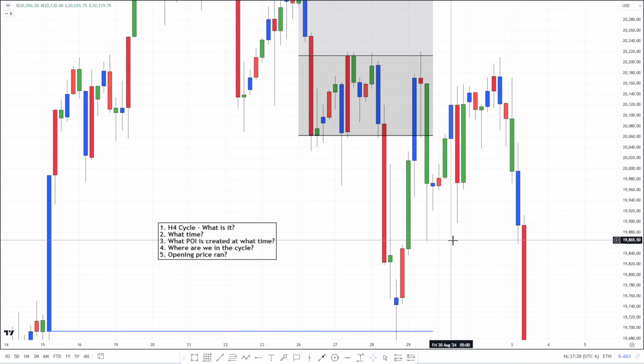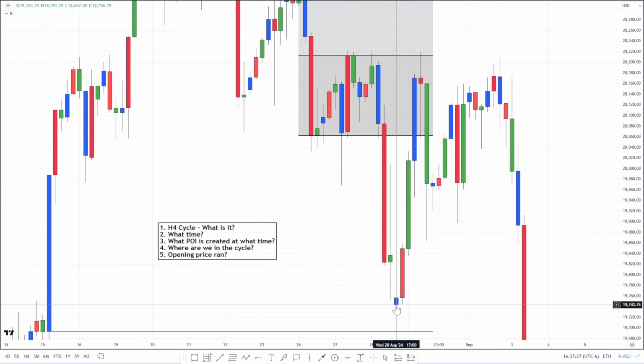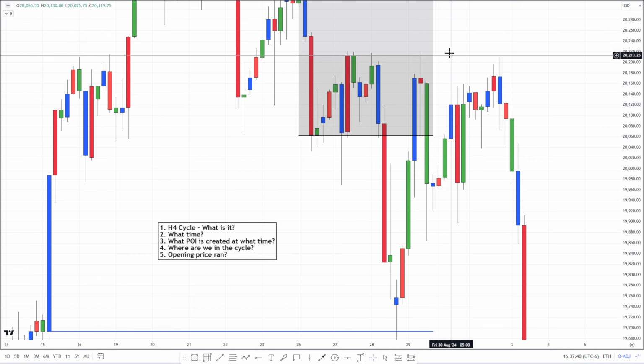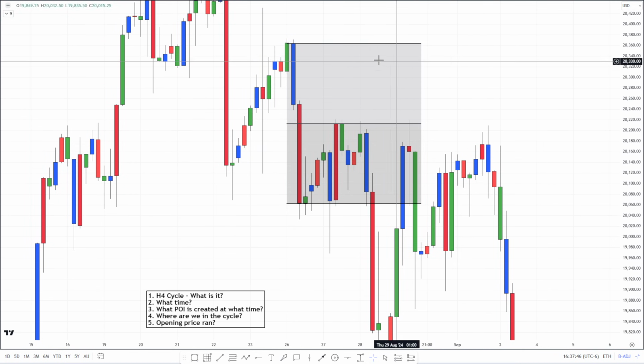Okay, so this leg down, 5 o'clock low, 5 o'clock rebalanced at 5 a.m., 5 o'clock. Look at that. That candle body comes right into here and this whole leg is balanced. What are we looking for? We have a run above, back into this range, above 50%.